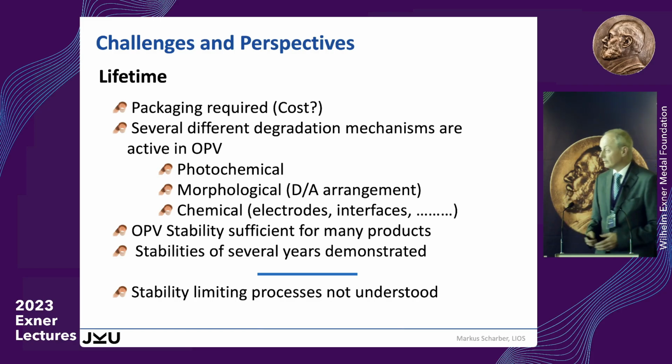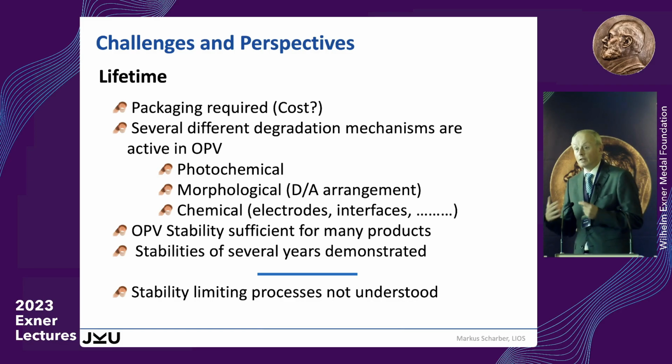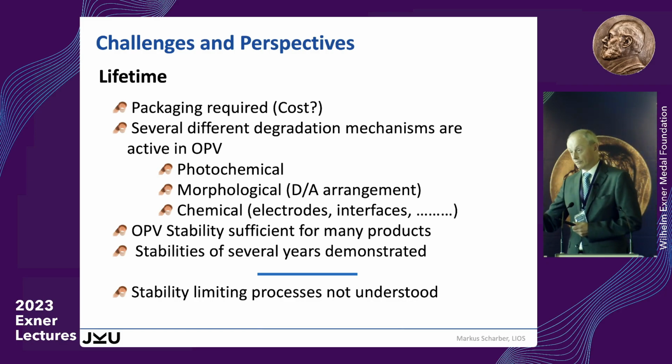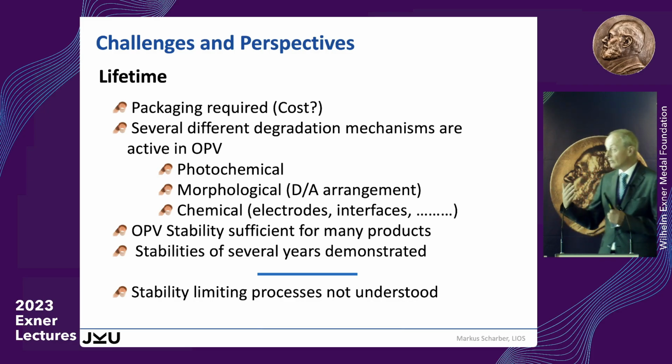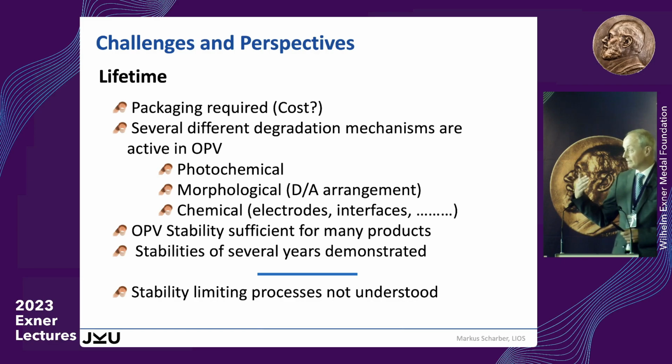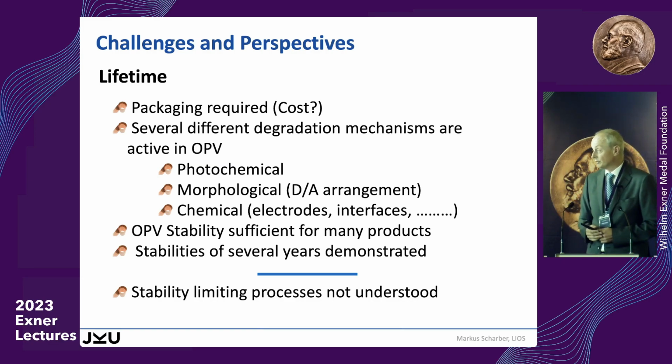You can integrate it into facades or into some other things, no problem at all. Companies do this, and apparently they also make a little bit of money with this. If you talk about 25 years in the field, this is a different story. So actually there is a market for OPV. There are products around which are good, but at the end of the day, several years are demonstrated, but not several 10 years or even longer.